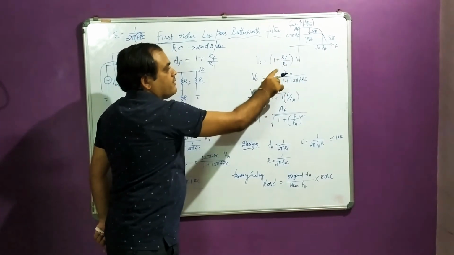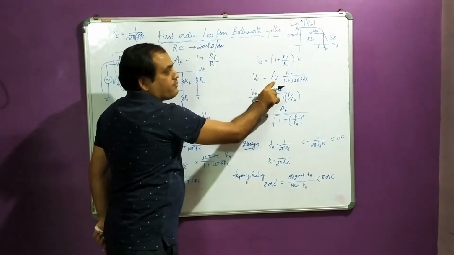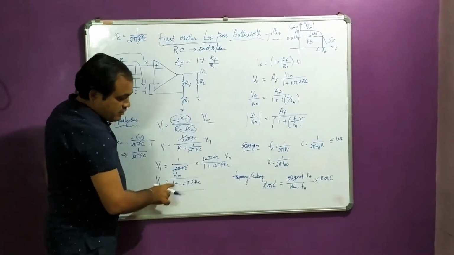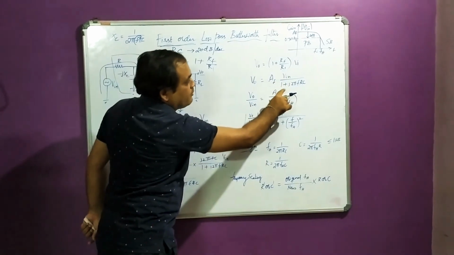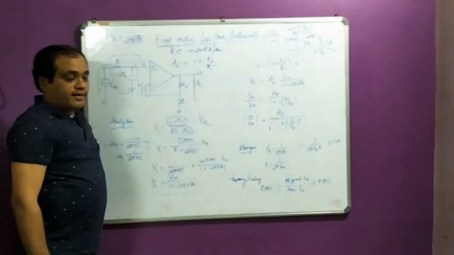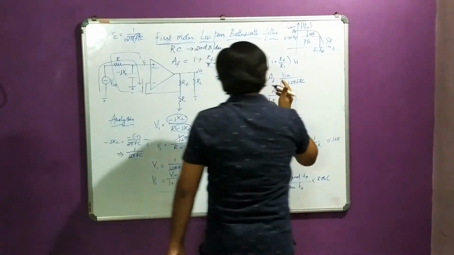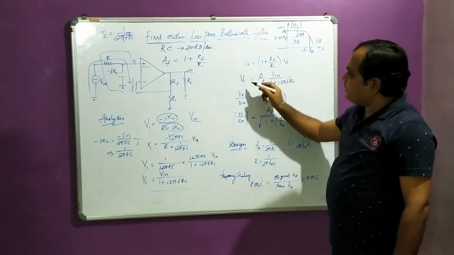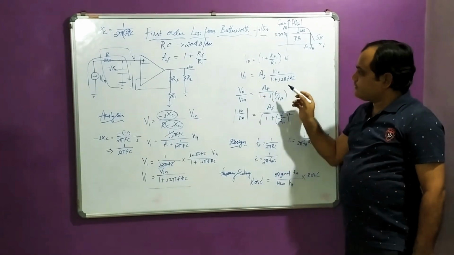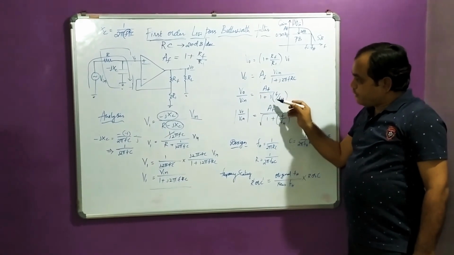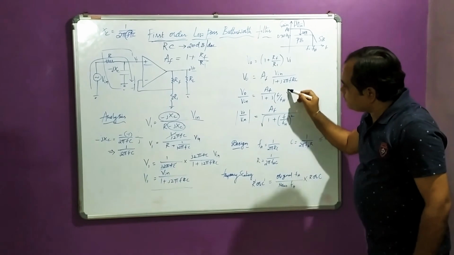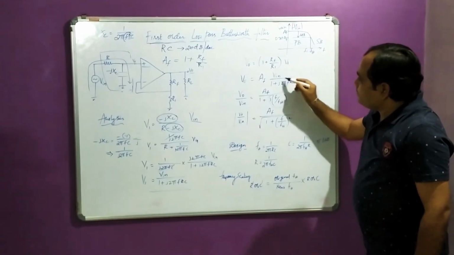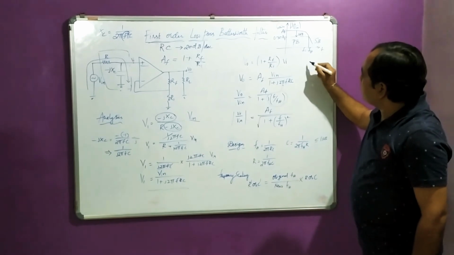So I write this term as AF multiplied with V1, which we have just derived: Vin divided by 1 plus j 2 pi f R C. Now I am going to find the gain of this first order low pass filter. So I write Vo divided by Vin is equal to AF divided by 1 plus. Now this term is very important. Just observe this new denominator part. I will write something like this.